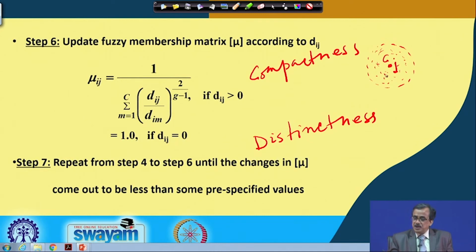What we do is we find the Euclidean distance between the cluster center and all the points surrounding it. For example, say there are 200 points surrounding the cluster center. So, we find the Euclidean distance between the jth cluster center and each of these 200 data points surrounding that cluster center.